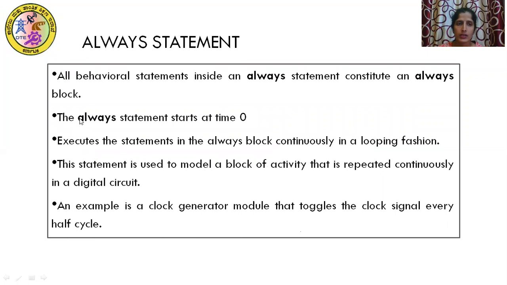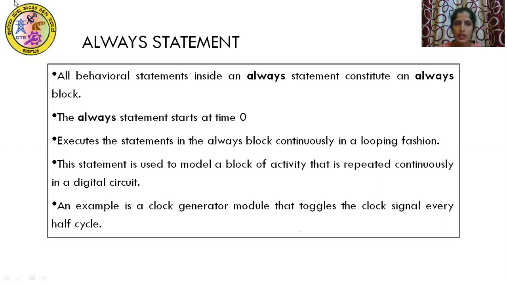So let's see about the always behavioral construct. All the behavioral statements inside an always statement constitute an always block. So when we have a set of statements written within the always statement, they will constitute the always block.